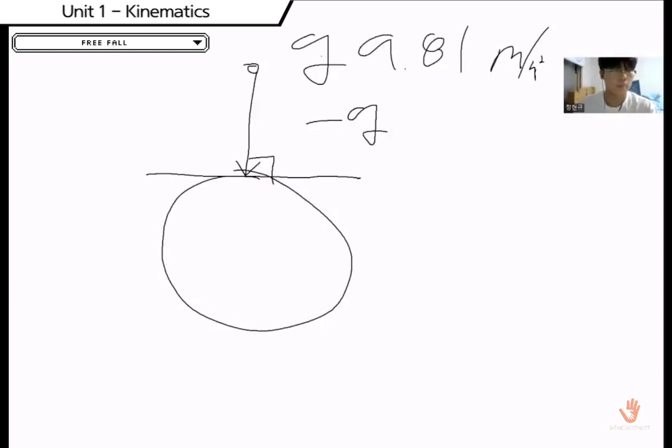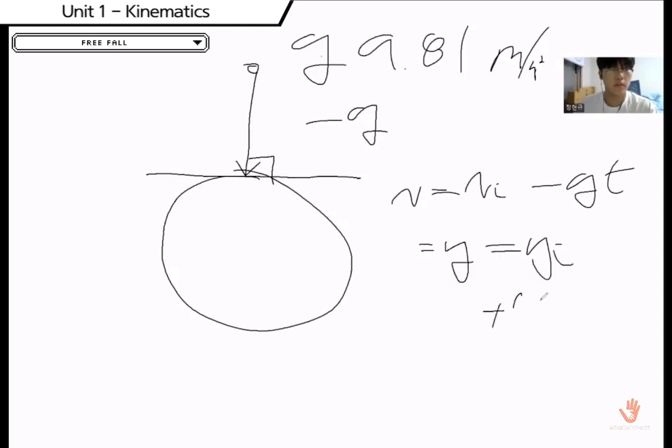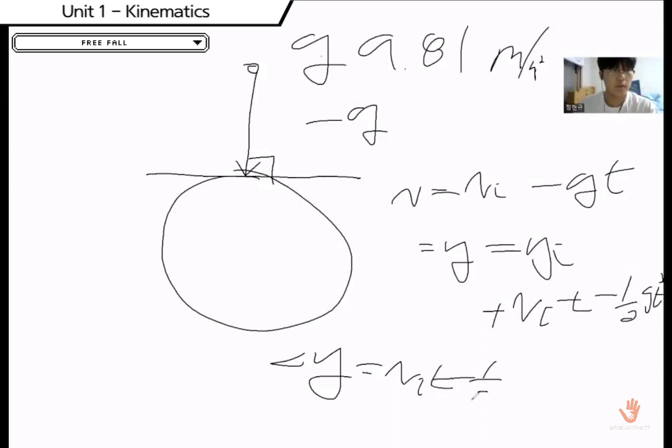We can rewrite the equations of motion for an object according to this convention, substituting minus g for a. The short equation becomes v equals v initial minus gt. The long equation is y equals y initial plus v initial t minus 1/2 gt squared, or delta y equals v initial t minus 1/2 gt squared.